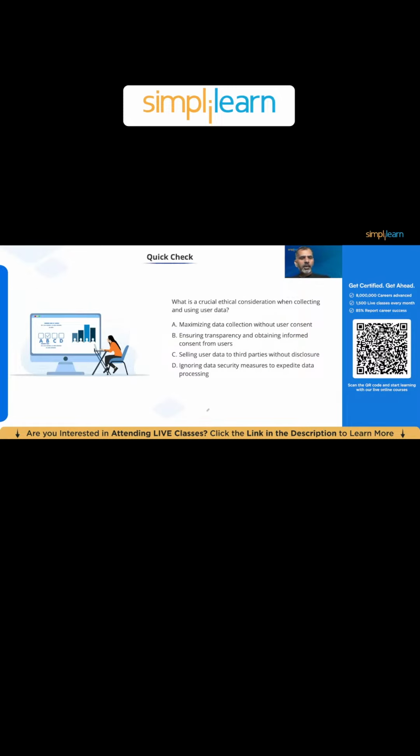Now let's have a quick check. What is a crucial ethical consideration when collecting and using user data? Is it maximizing data collection without user consent? Is it ensuring transparency and obtaining informed consent from users? Is it selling user data to third parties without disclosure? Is it ignoring data security measures to expedite data processing?